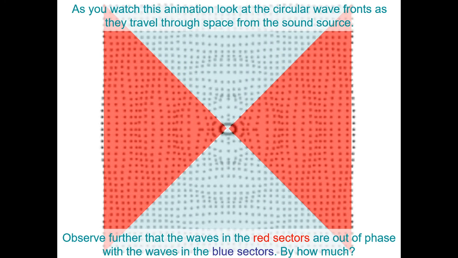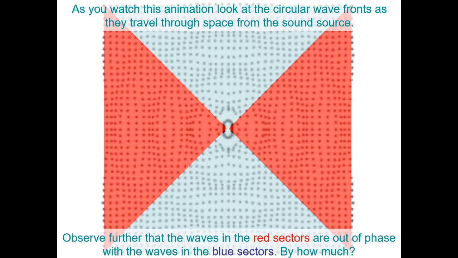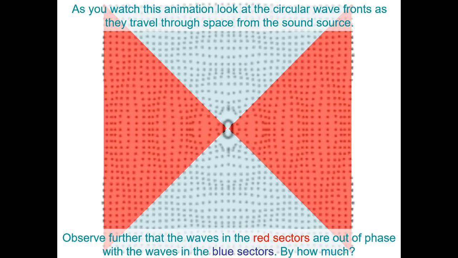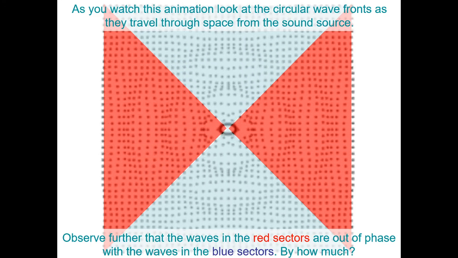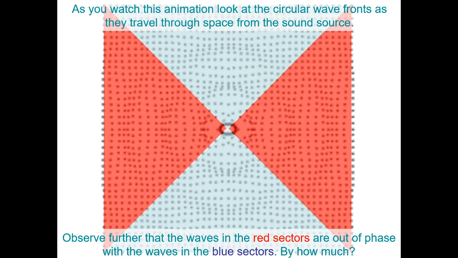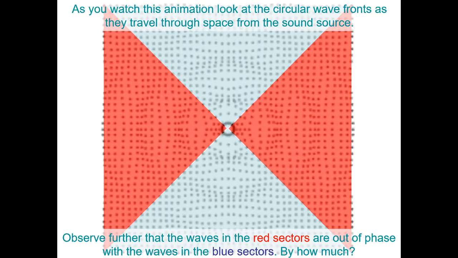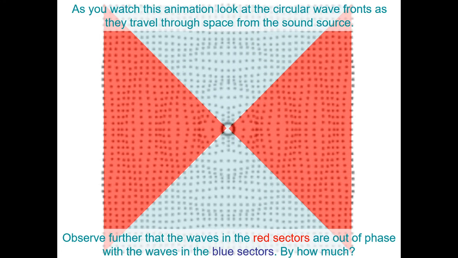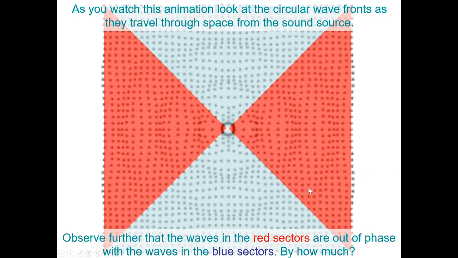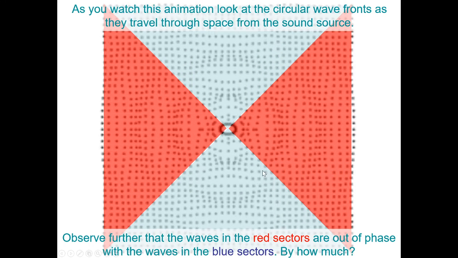So here, because we have a compression exactly lined up with a rarefaction, they are exactly half of a cycle out of phase. This will make a lot more sense once we investigate what it means to have a full wavelength and what comprises a full wavelength, and what it means to have something half out of phase, a quarter out of phase, fully out of phase, or in phase.